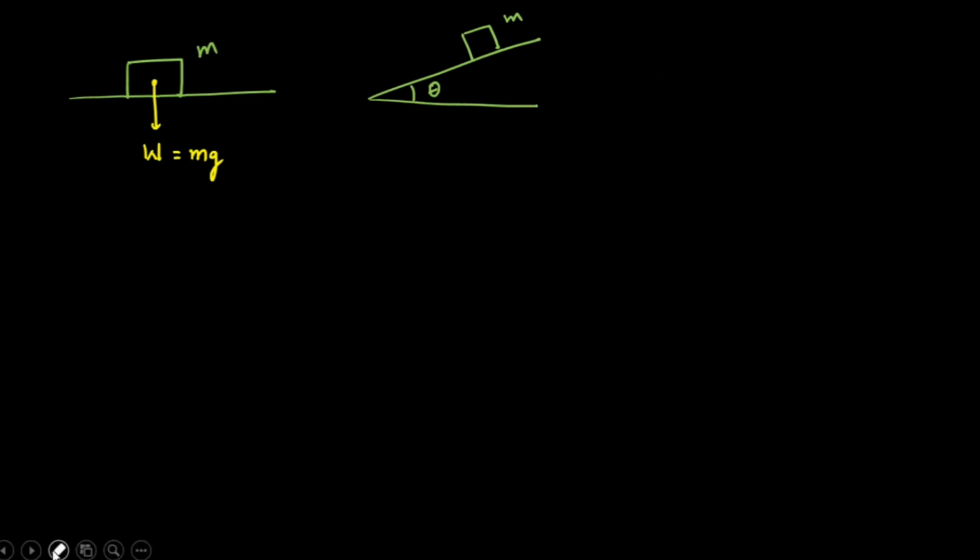It doesn't matter on which surface it is kept. What matters is that weight is always in the downward direction, perpendicular to the ground. Its magnitude is always the product of mass and gravity. So this is how weight is calculated.